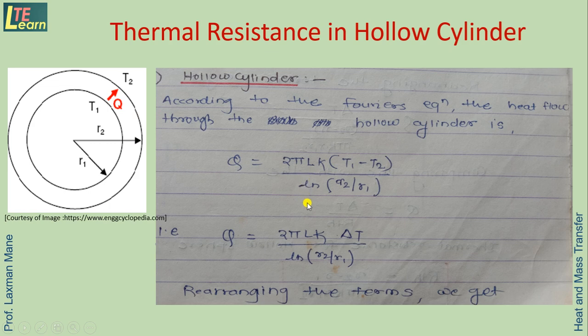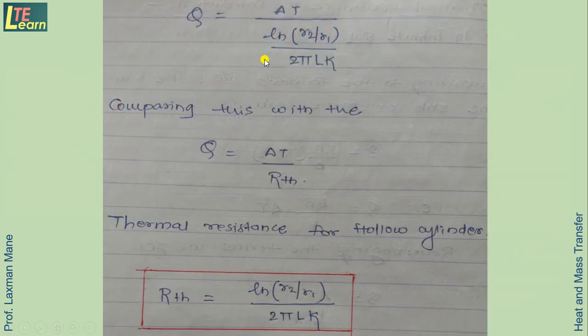So arranging this equation in this form, 2 pi L k delta T by ln R2 by R1. So here rearranging the terms, we get Q is equal to delta T divided by this expression, that is natural log of R2 by R1 divided by 2 pi L k.